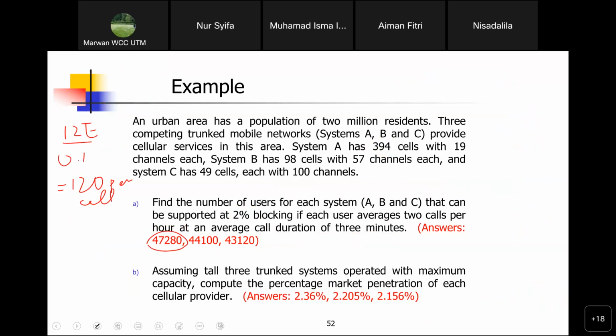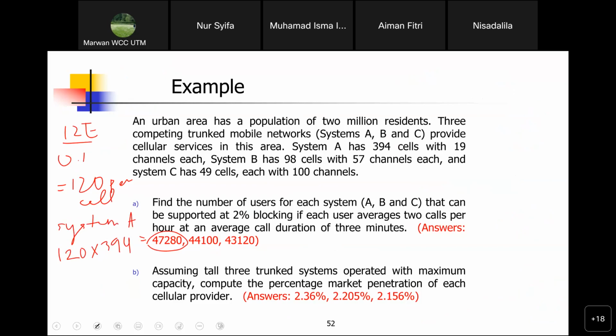Then for system A, 120 times 394 gives you 47280. One cell can serve 120 users and you have 394 cells, so you can serve 47,280.